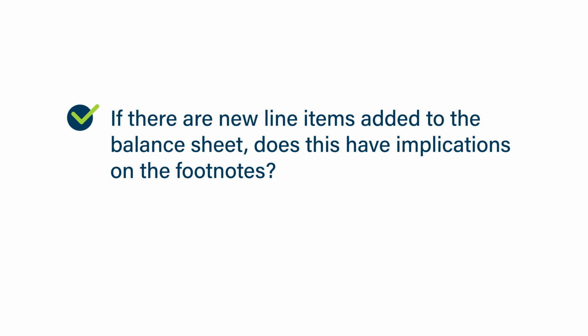And further, does it need a separate footnote disclosure entirely to satisfy required disclosure requirements? This is where referring to the accounting standards codification or even a disclosure checklist, if you have one handy, can be two really useful tools just to determine what, if any, are the disclosure requirements for those new line items.